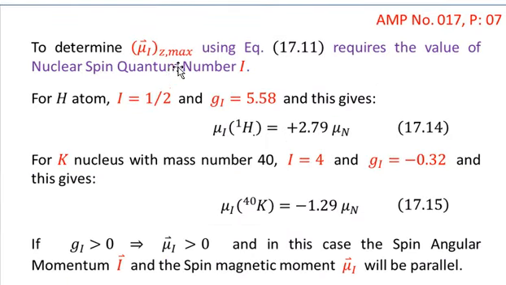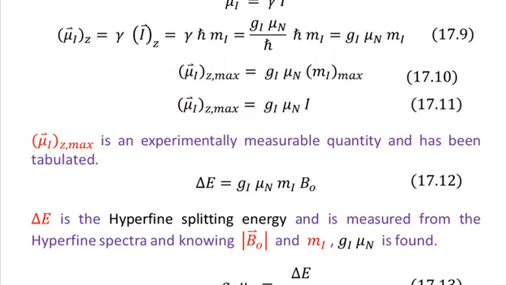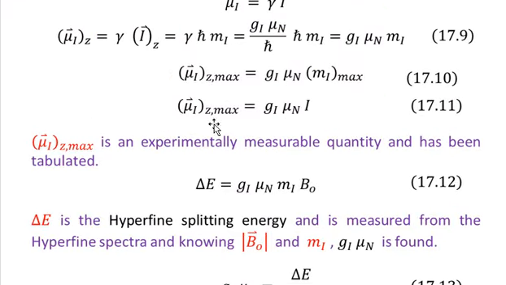To determine the maximum value of the Z component of the nuclear magnetic moment, we use equation number 11. Let me show you equation number 11 over here.